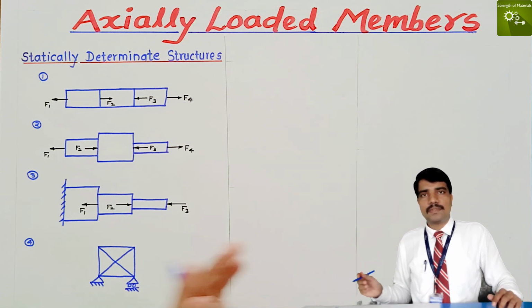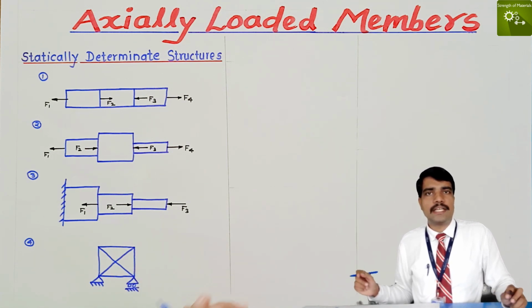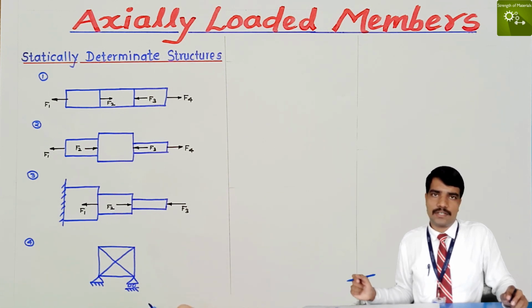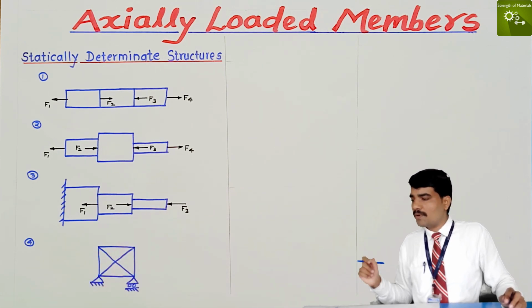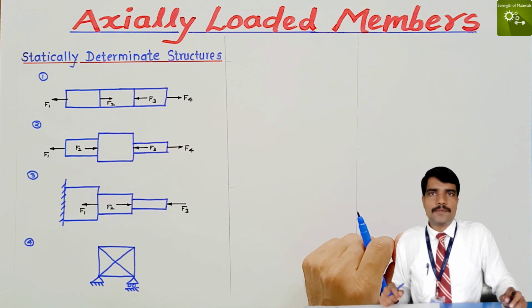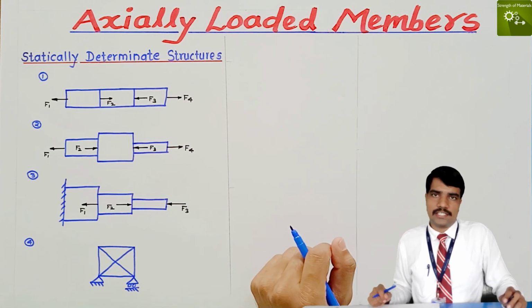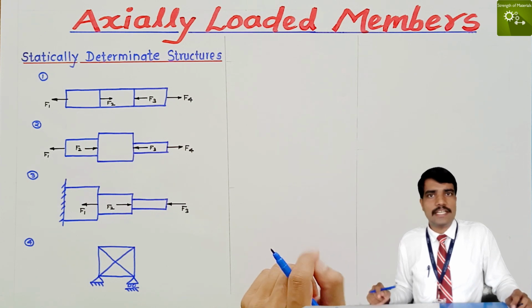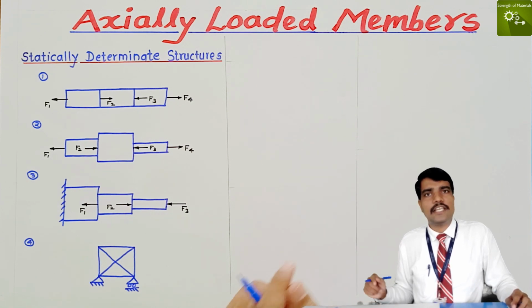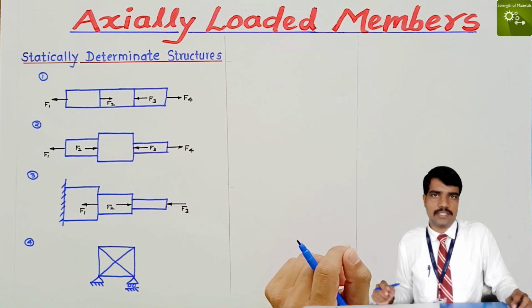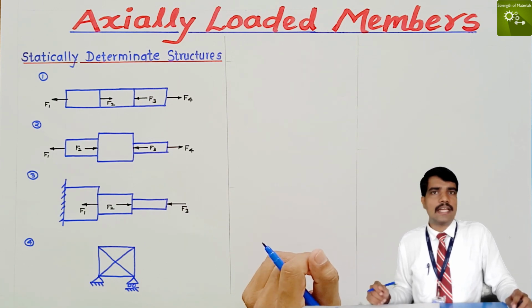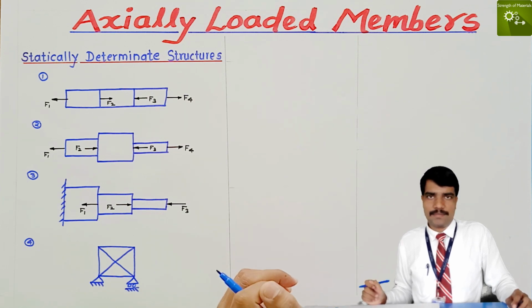In a truss, we find the internal forces by using the section method or joint method. So these four are the types of statically determinate structures, and we find the internal forces, internal stresses, and elongation or contraction by using the principle of superposition and free body diagrams.